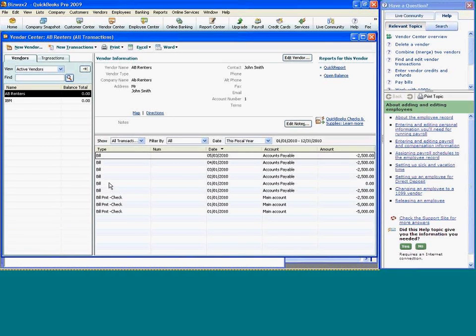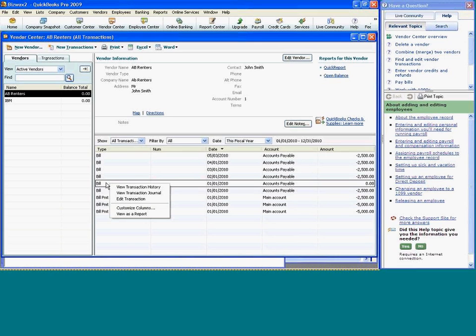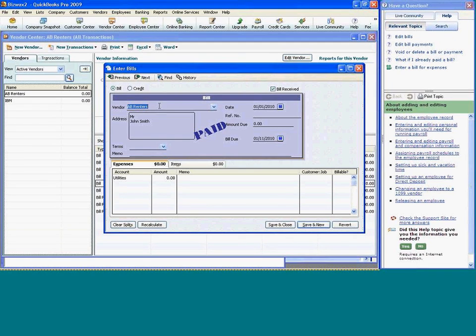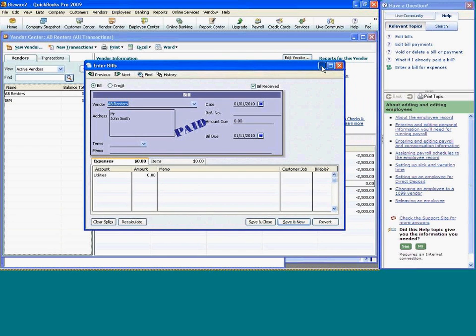Here was a bill for $0. In this case, I don't think you can void it. I think what you can do is you can void invoices. Yeah, I remember doing that.